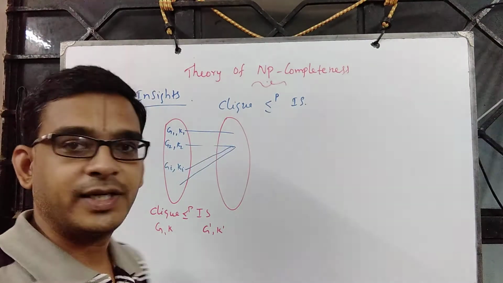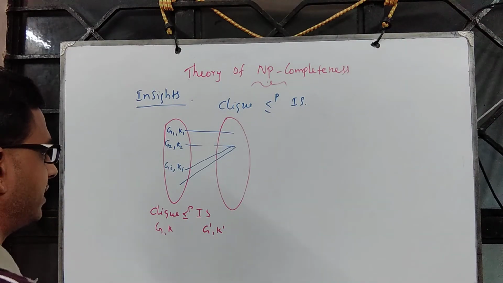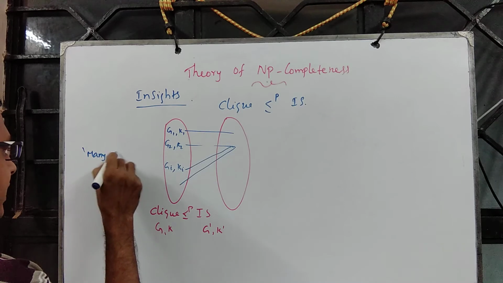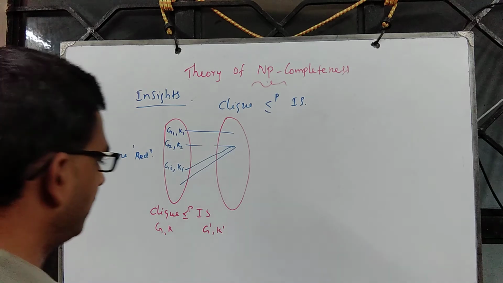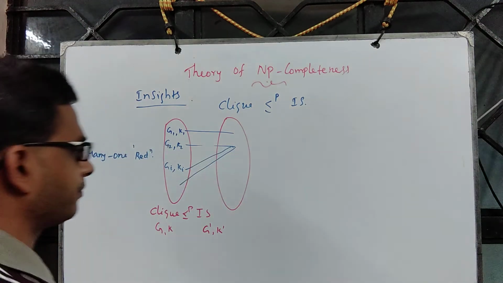It is just a function. We don't demand that it has to be a bijective map and so on. So in some sense, it is a many to one reduction. Many instances of clique may map to a single instance of independent set.